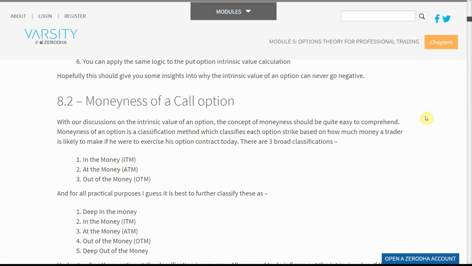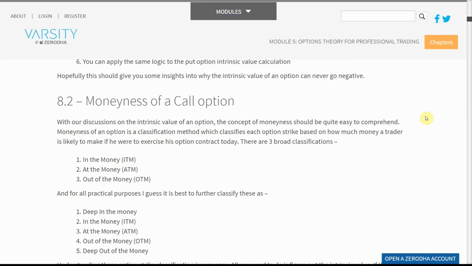8.2 Moneyness of a call option. With our discussions on the intrinsic value of an option, the concept of moneyness should be quite easy to comprehend. Moneyness of an option is a classification method which classifies each option strike based on how much money a trader is likely to make if he were to exercise his option contract today.